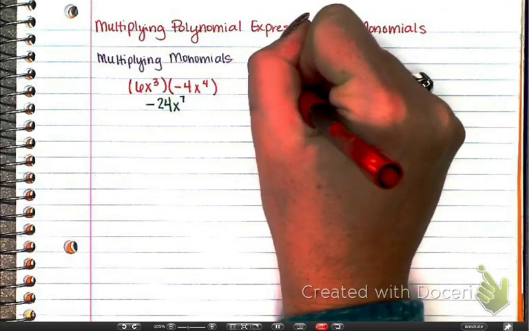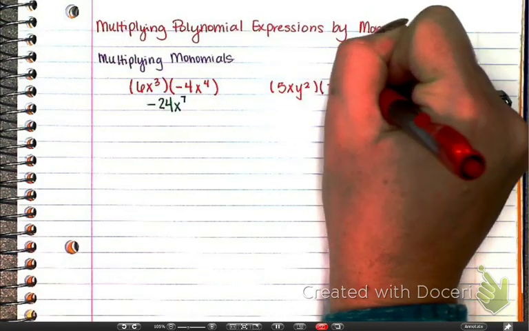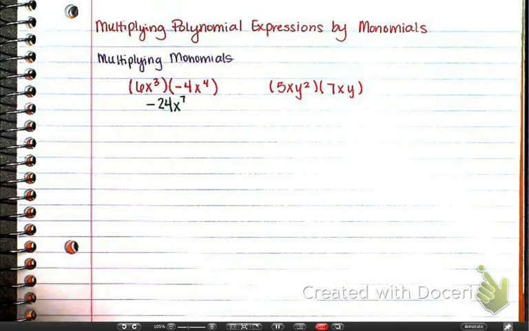Try this one. How about 5xy squared times 7xy? If you multiplied your coefficients, what'd you get? 35.